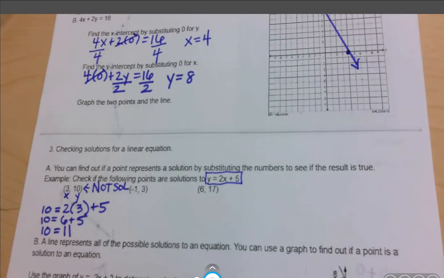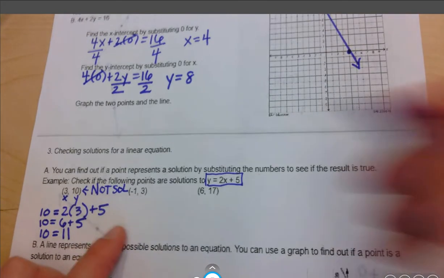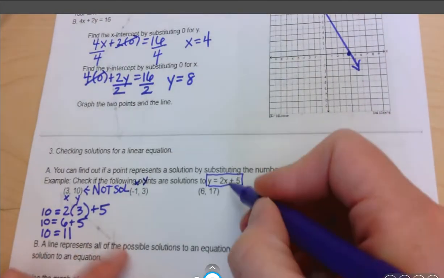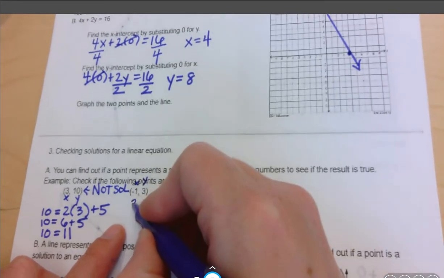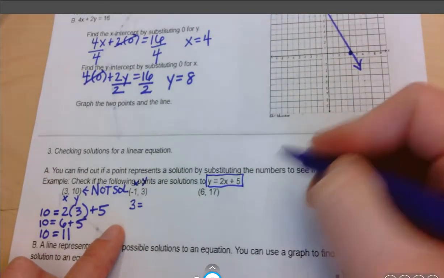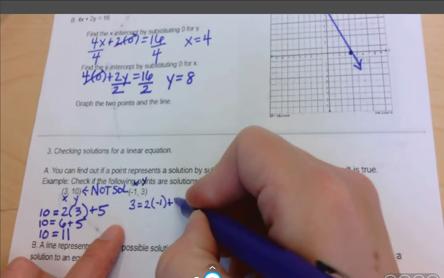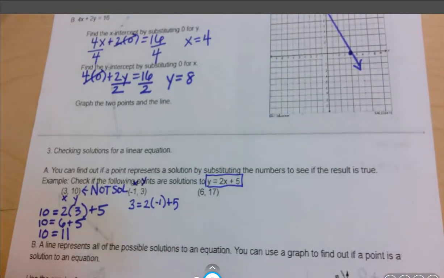Okay? We're going to try the next one. We're going to put in -1 for the x and 3 for the y. So instead of y equals, I have 3 equals 2 times -1 plus 5. All right, any predictions about whether this one will be a solution?